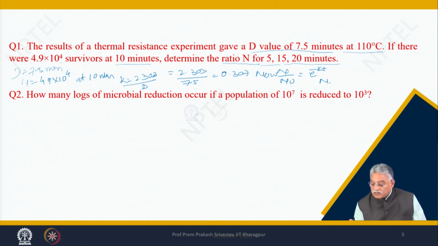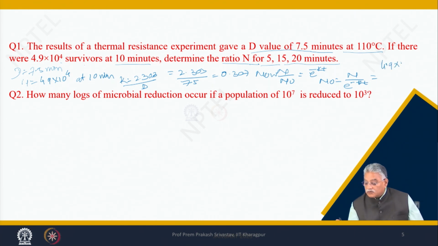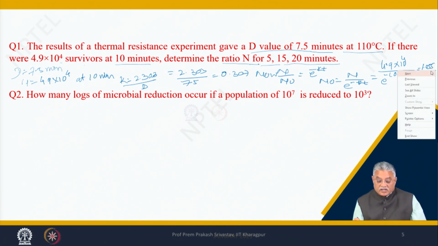So, N0 is equal to N by e to the power minus kt, that is equal to 4.9 into 10 to the power 4 divided by e to the power minus 0.307 into 10, that is equal to 1.055 into 10 to the power 6.